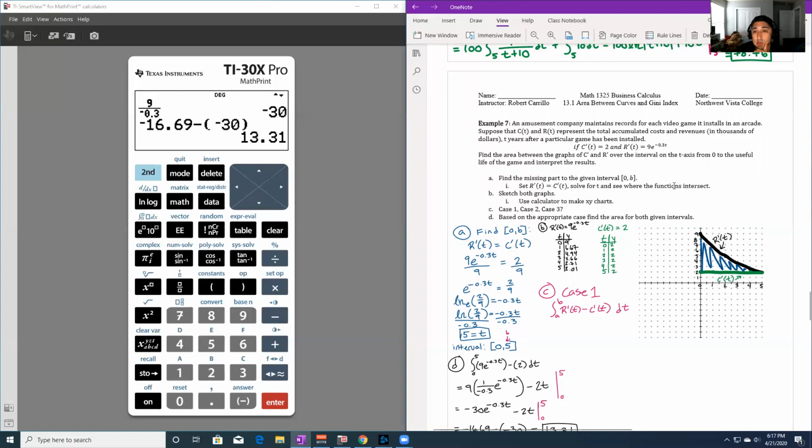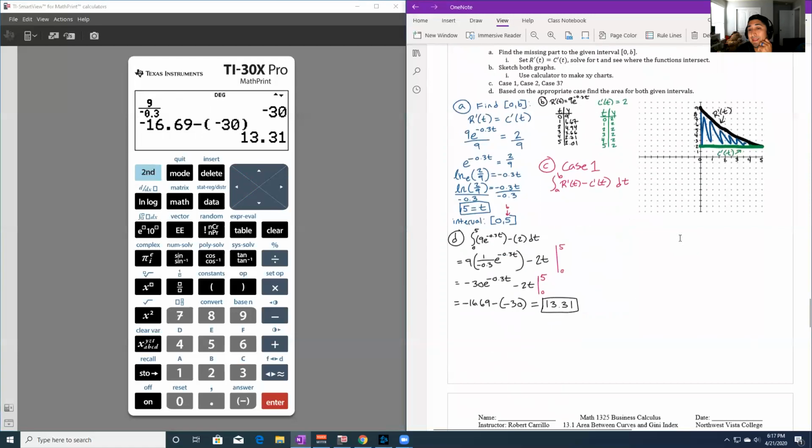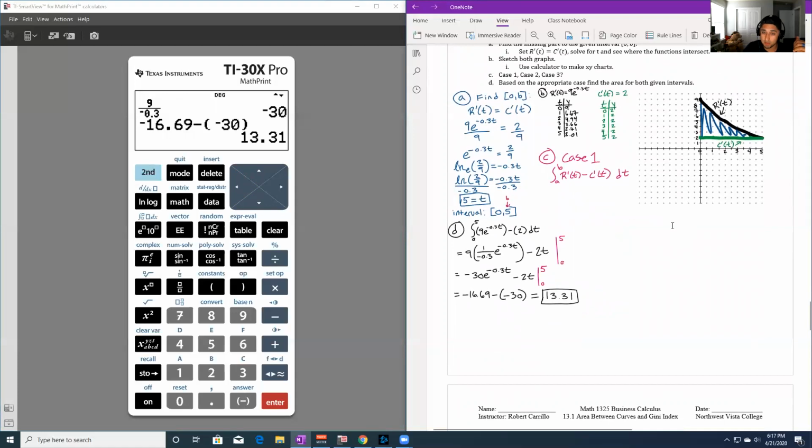Okay, so find the area between the graphs of C prime and R prime over the interval on the t-axis from 0 to the useful life of the game and interpret the results. Okay, so again, we're going to take our answer and multiply it by 1,000. So this is going to be E.